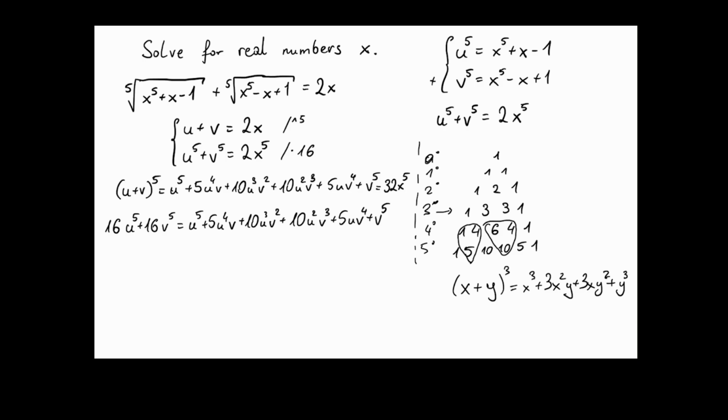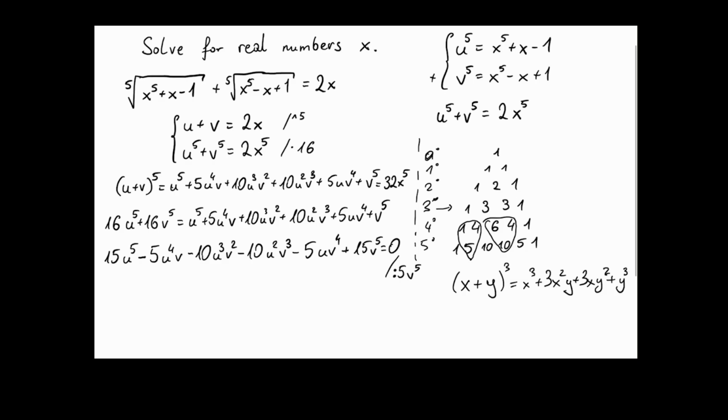Okay, now rearrange, add everything or subtract everything from the right side to the left, and we'll end up with something like this. Divide by 5v to the 5th power. Why so? To get a polynomial equation with one unknown.